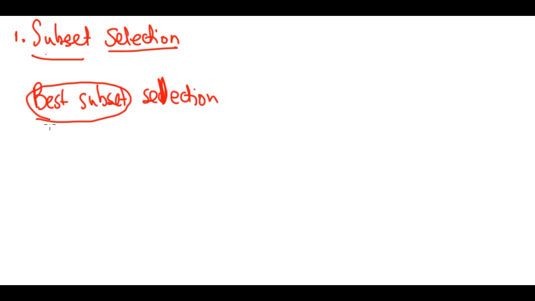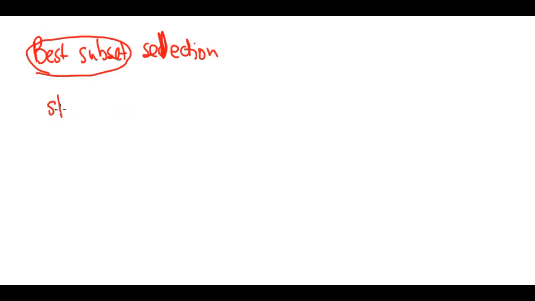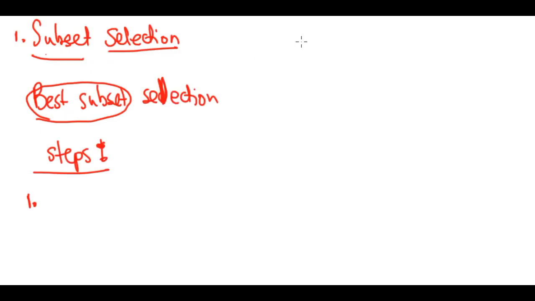Let's see the steps that are involved in this. It's easier to explain when we are dealing with the steps. So step number 1, we have our p predictors. Let's just say 10 or 100, whatever it is.